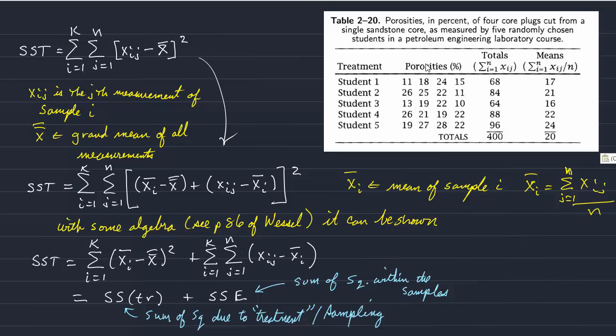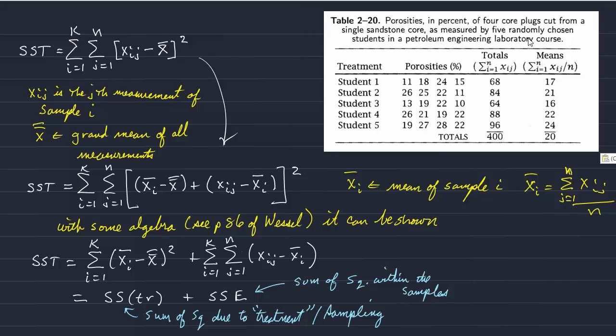Before ending, I'd like to introduce a slightly different problem for which we could apply this one-way ANOVA analysis. In this situation, there's an engineering laboratory course, and they have a single core of sandstone, and the instructor breaks the core into 4 different plugs.